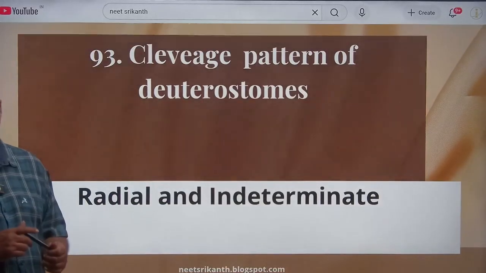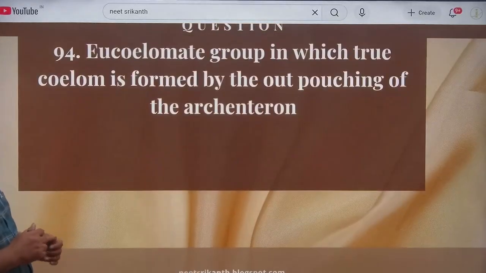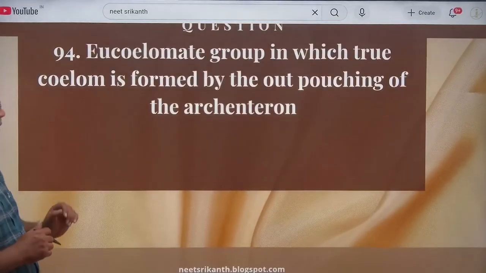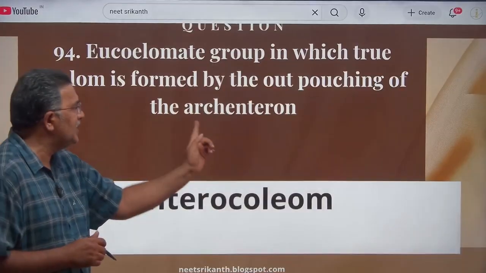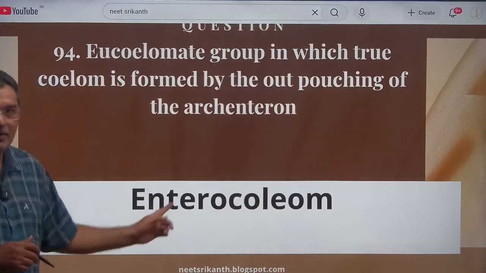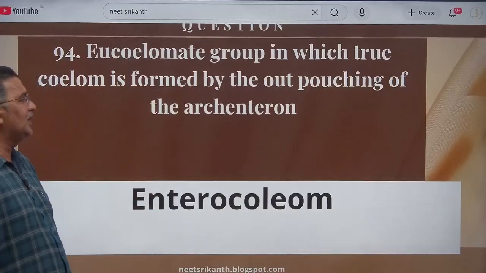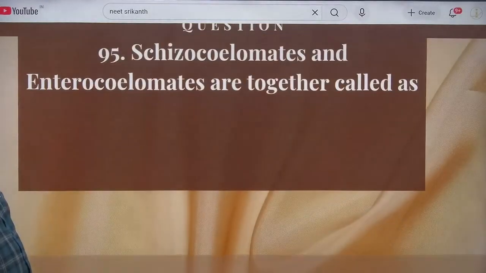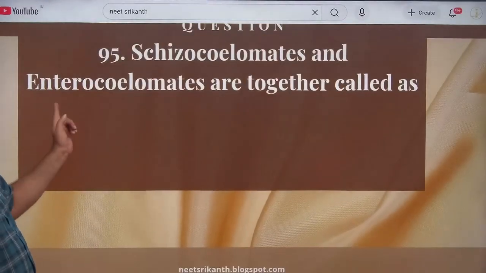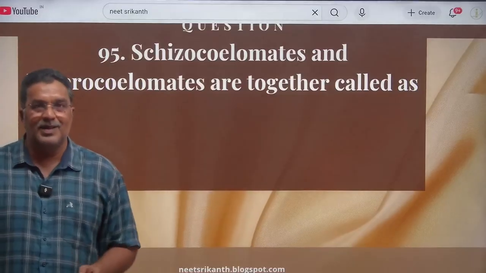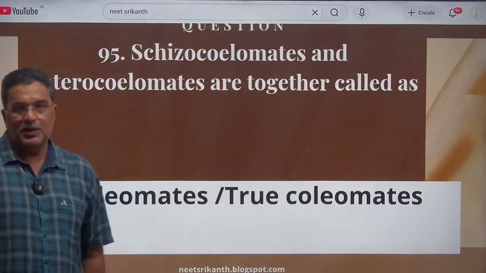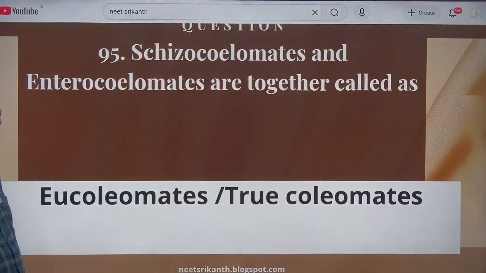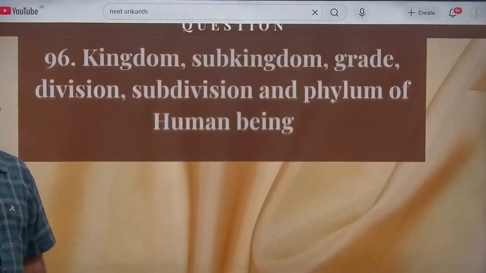Eucoelomate group in which the true coelom is formed by the outpouching of the archenteron. Who is that? Enterocoelom. Schizocoelomates and enterocoelomates together are called eucoelomates. Why? Because both have a true body cavity. Eucoelomate or true coelomate.